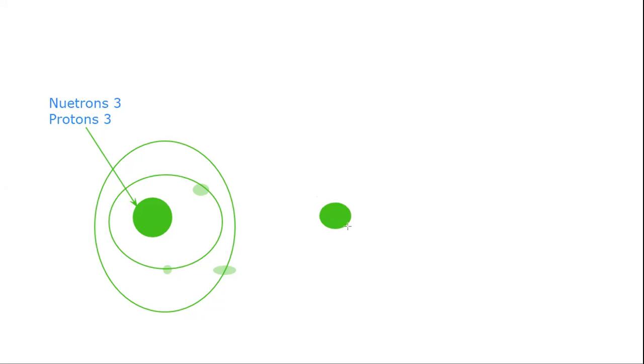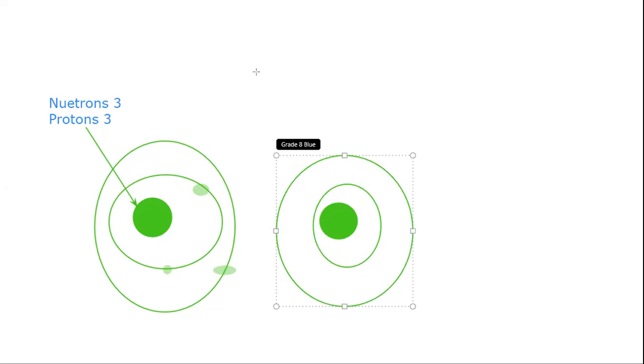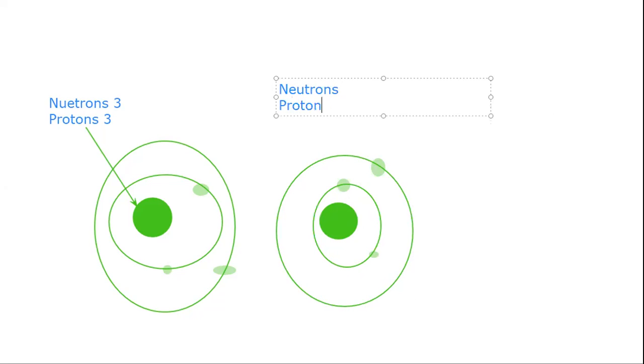We have a nucleus over here, and it has, again, 3 electrons, 1 and 2 and 3. So 2 electrons in the first shell, and 1 electron over here. So it looks exactly the same. It has neutrons and protons. They both have 3, but in this scenario, they might have 2, or maybe they have 4. Let's say they have 4.